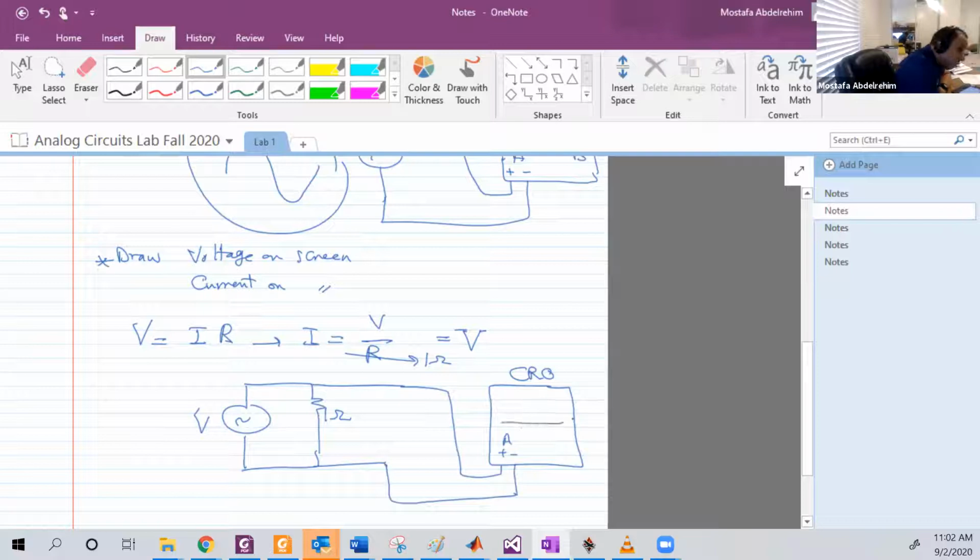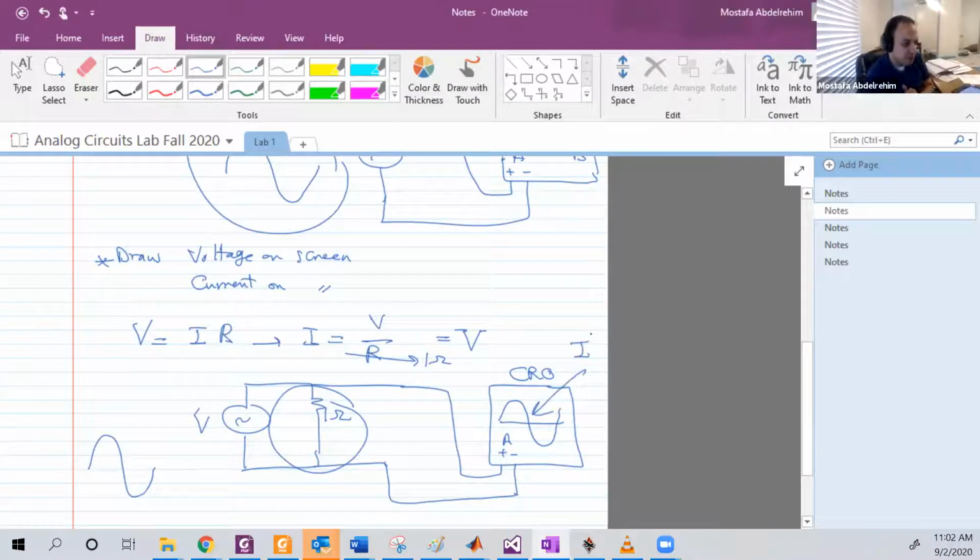Then what we're gonna see on the oscilloscope screen, if V is, for example, a sinusoidal like this, is also a sinusoidal wave, which is the voltage of this resistor. But since the resistor has a value of 1, this can also be considered as the current. Okay? Good.